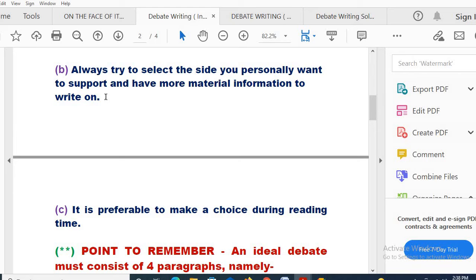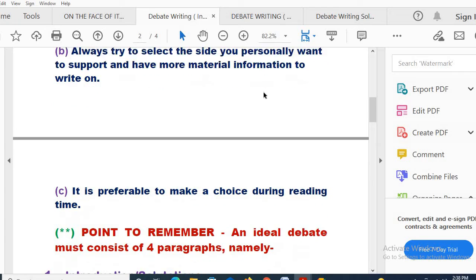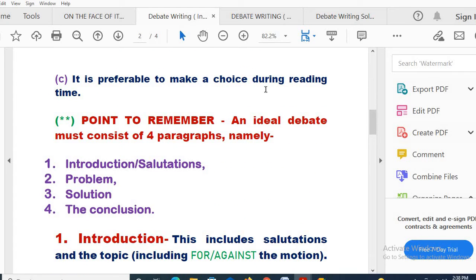Okay, material in the sense that you should have enough ideas at the back of your mind while you are attempting debate writing, then definitely you can move for the motion or against the motion. That is up to you, or you have to follow the guidelines as given in the question. Now there is another important point that I would like to say in this regard.